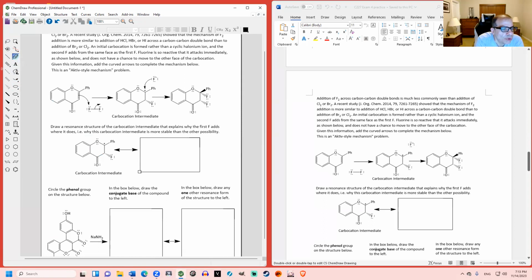Then it says draw a resonance structure that explains why the first fluorine adds where it does. So why is this carbocation intermediate so stable? And the reason is that the plus charge is next to the oxygen. And the oxygen can help stabilize that plus charge.